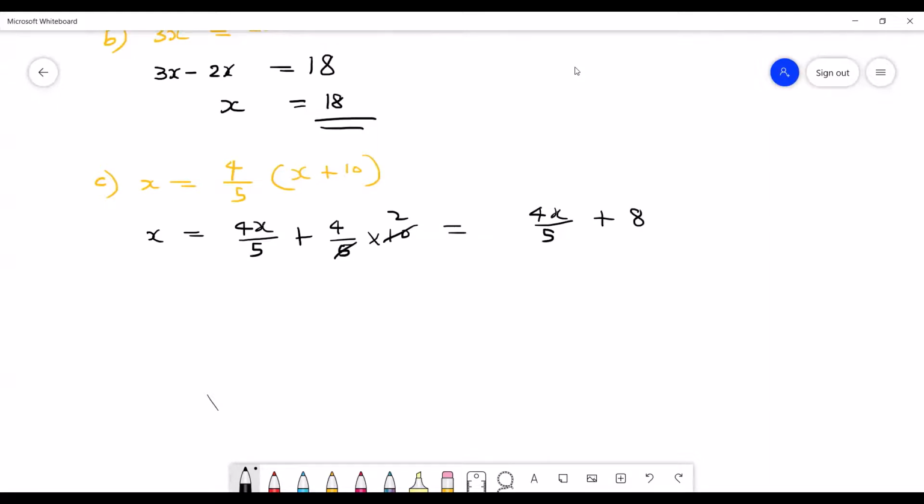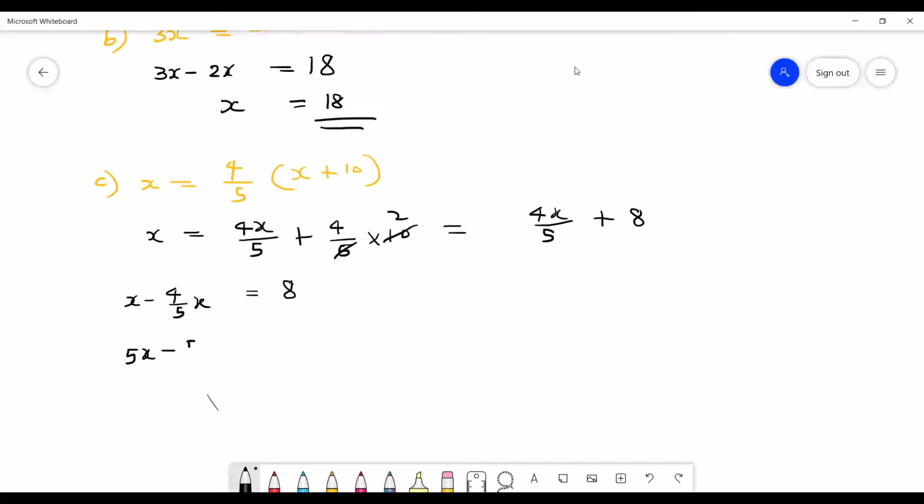Now bring the x term to the left hand side. So this will become x minus 4 by 5x, that will be equal to 8. And let us multiply with 5 to remove the fraction on the left hand side. So we have to multiply every term with 5 here, not only the 4 by 5. So multiply 5 and x, it will become 5x.